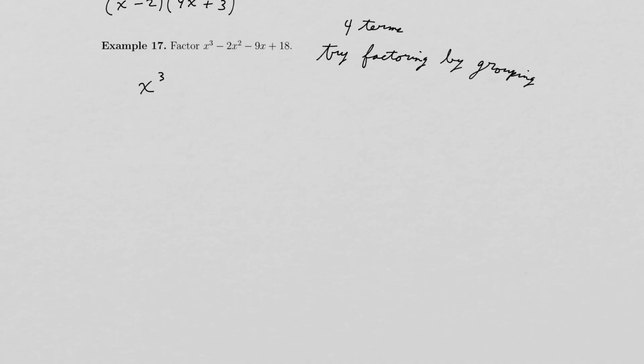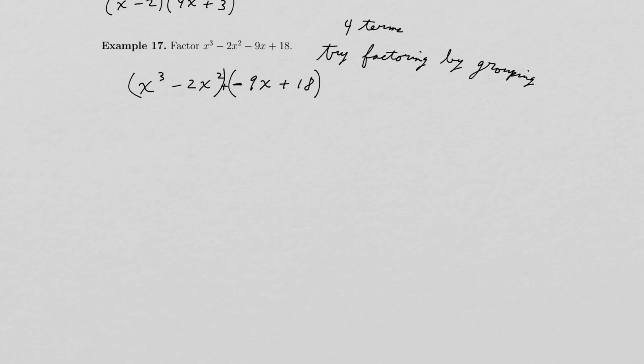Because I have a minus here, I'm going to write a plus in front of it, so that when I group, I really have to recognize it's plus a negative 9x. I don't want you to think you're multiplying it, you're adding.